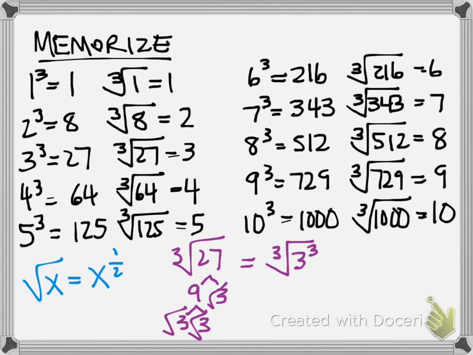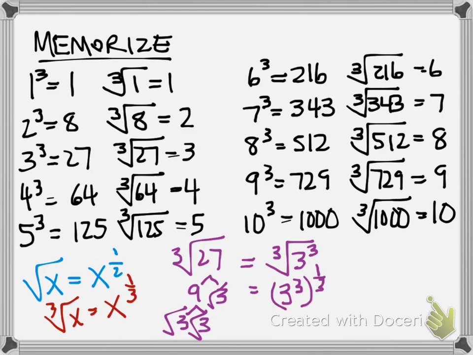Okay. So mathematically, what's happening in this problem here? I'm going to have 3 cubed, and I want to take it to the 1/3 power.